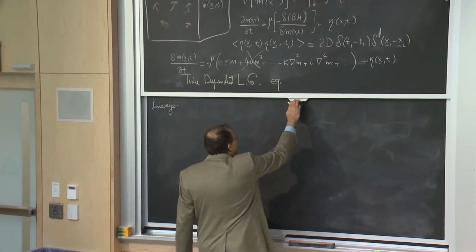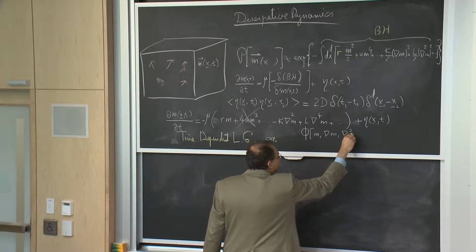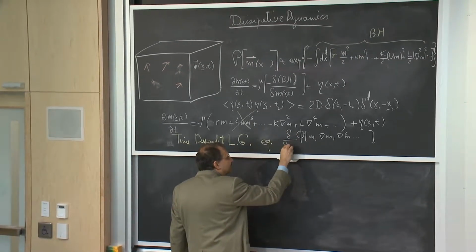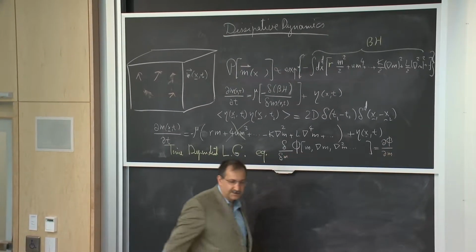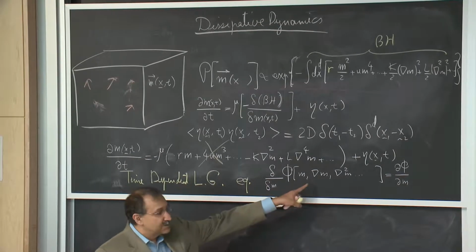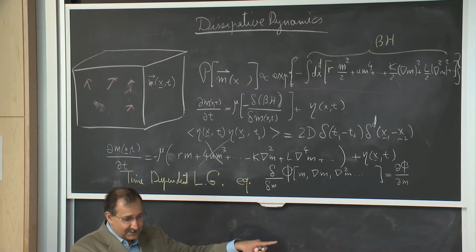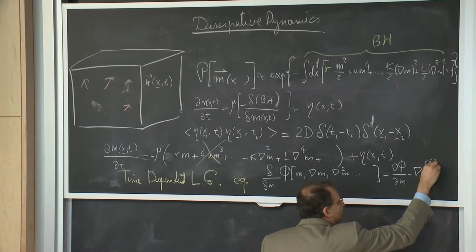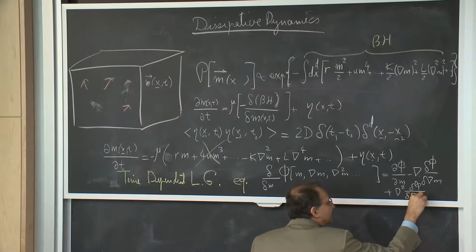Okay, so when you have a functional of a field, gradient, etc., you can show that the functional derivative, the first term is the ordinary type of derivative, and then if you think about the variations that occur in M, and with the gradient, and you write it as M plus delta M, and then make sure that you take the delta M outside, you need to do an integration by parts that changes the sign, and the next term would be the gradient of d phi by the grad M, and the next term would be Laplacian of d2 phi by the gradient of m squared, and so forth.